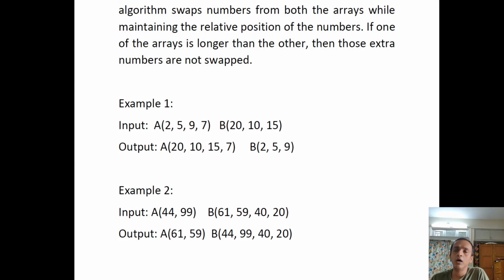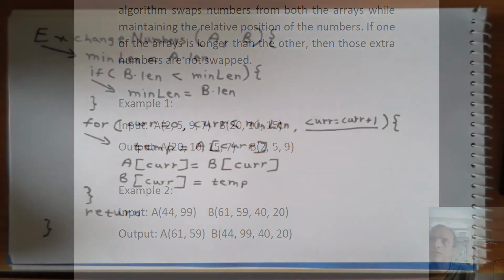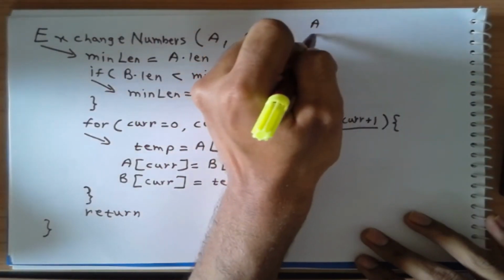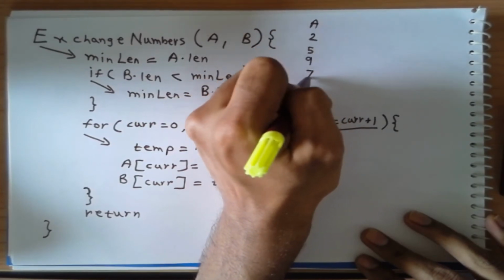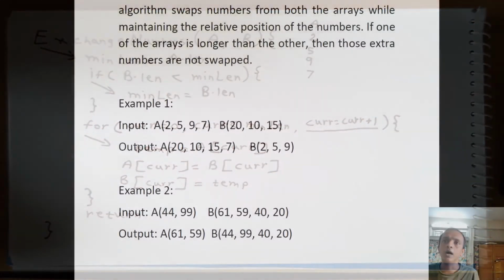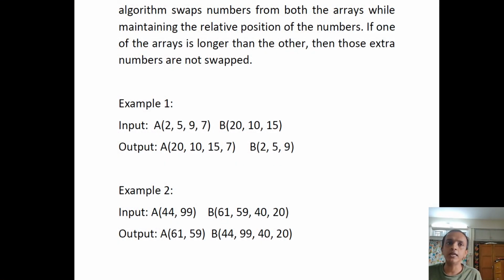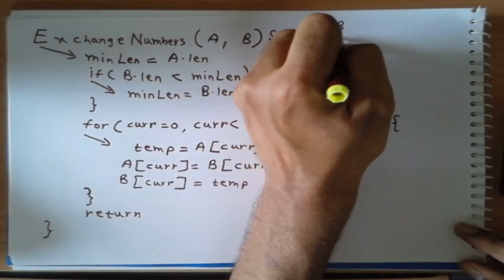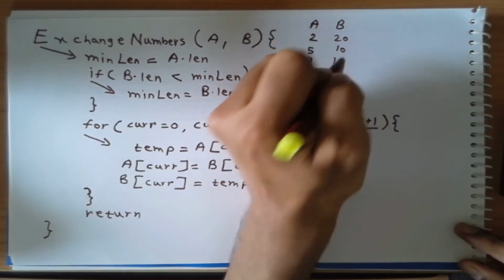Let's look at this input. We won't have time for both the examples, so let's do just the first input. Input 1: A is 2, 5, 9 and 7, and B is 20, 10 and 15.